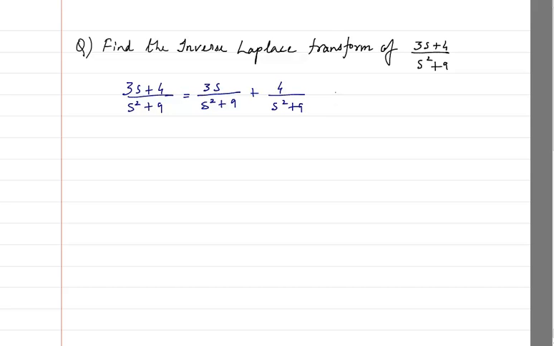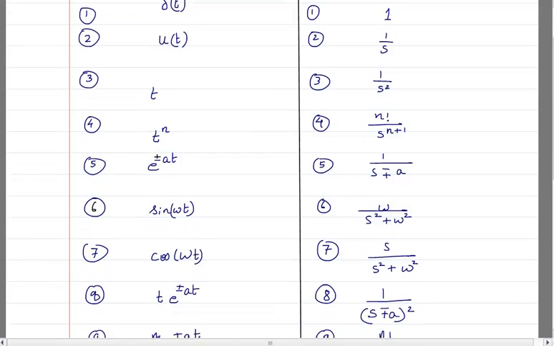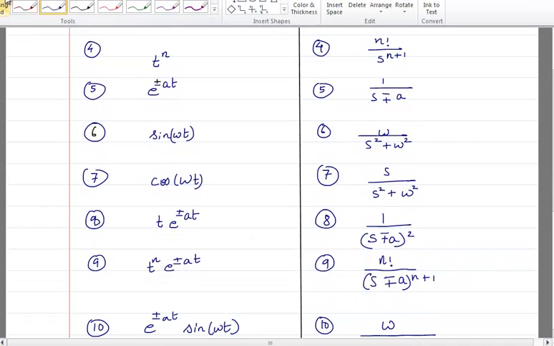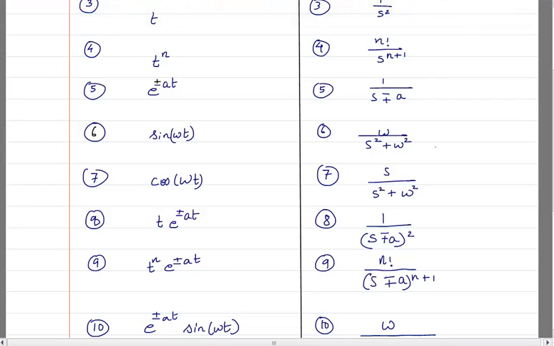Now let us look at the chart and find out if there is something matching. In the denominator it is s square plus 9. Here you can see that we have s square plus omega square. So if I write s square plus 9, that will be okay.